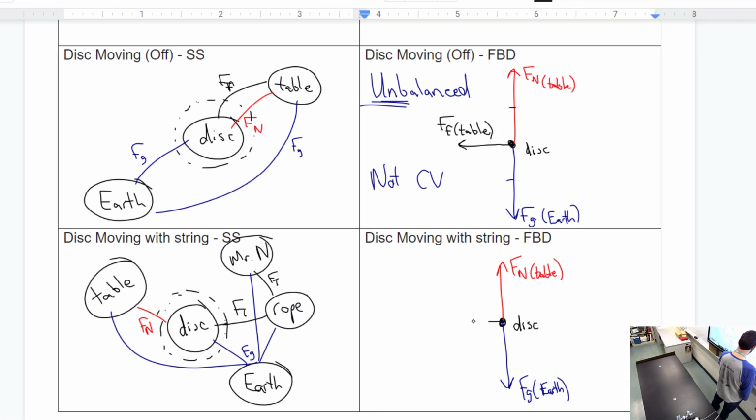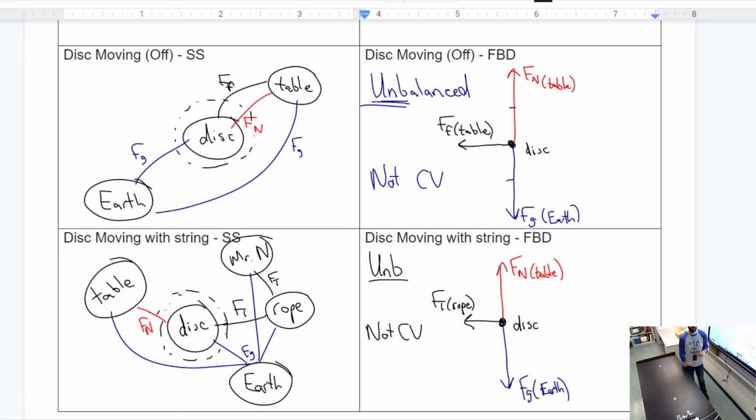And I have a tension force from the rope. This one also was unbalanced, and it's not a constant velocity. Okay? It was either stopping or getting pulled whenever I touched the rope. It was either getting stopped or pulled.